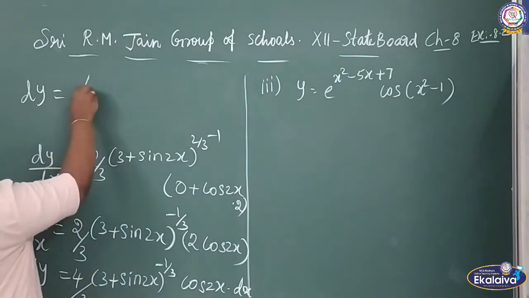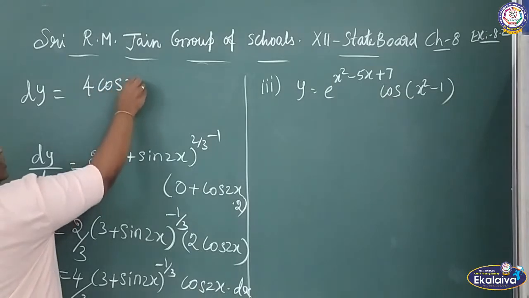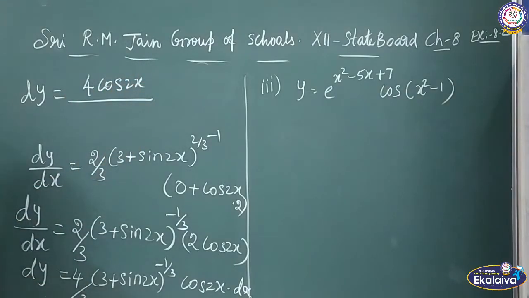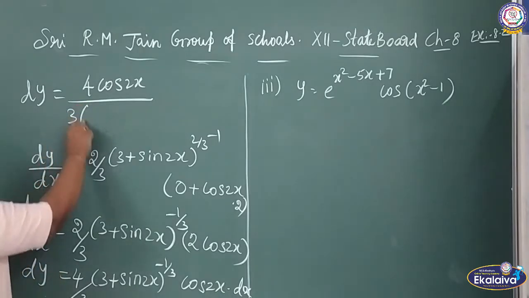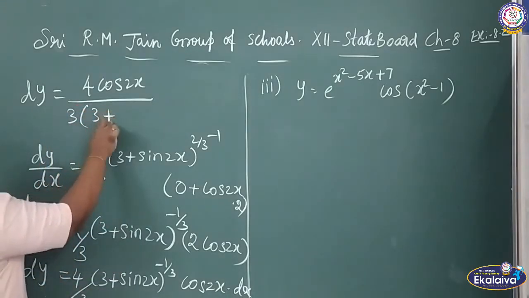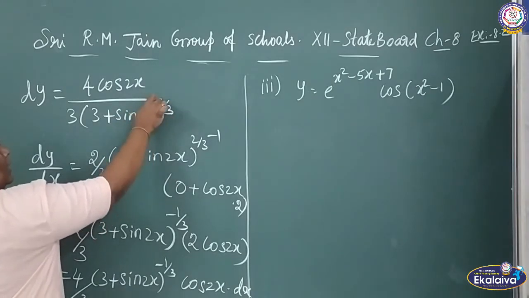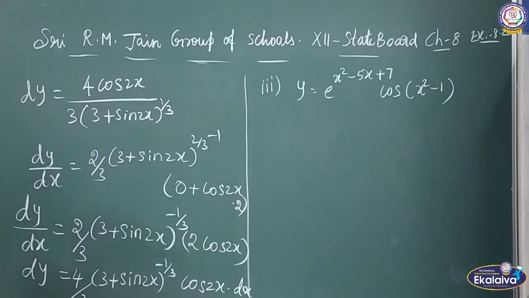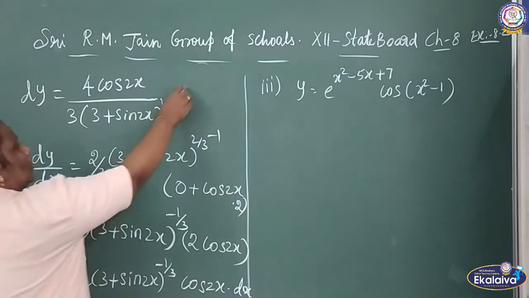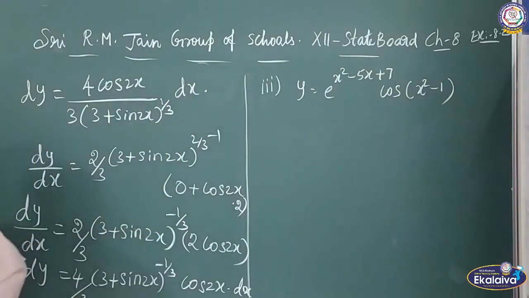So, it gives 4 cos 2x by 3 into (3 plus sin 2x) whole power 1 by 3, into dx. This is the answer for the second one.